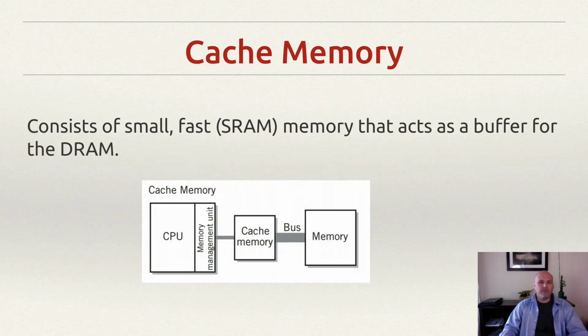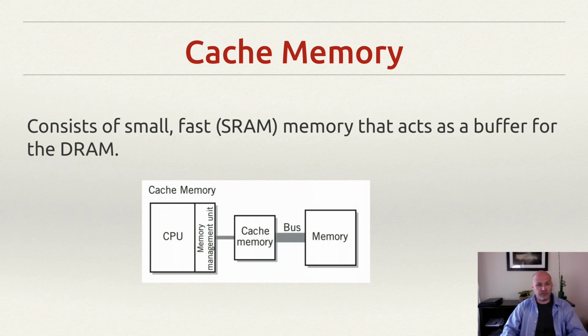We're going to dive much deeper into cache in later videos, but I want to give a quick introduction to it here because it's an important concept in how we keep our CPU, which is very hungry for information, running at billions of cycles per second, well fed with information that it can work with: instructions and data. So cache is a small, fast part of memory in SRAM.